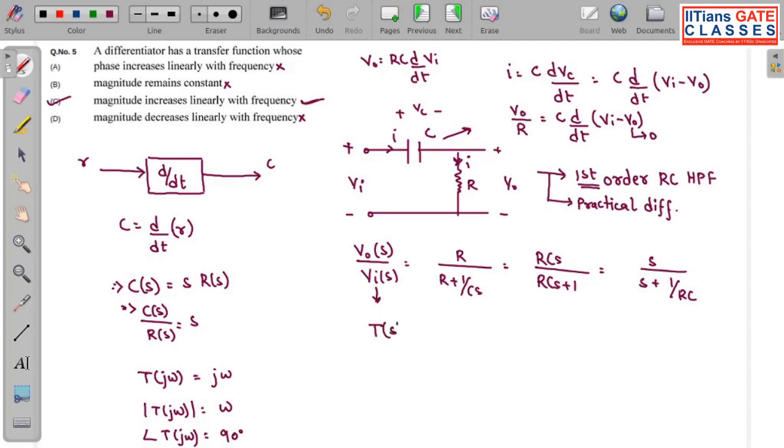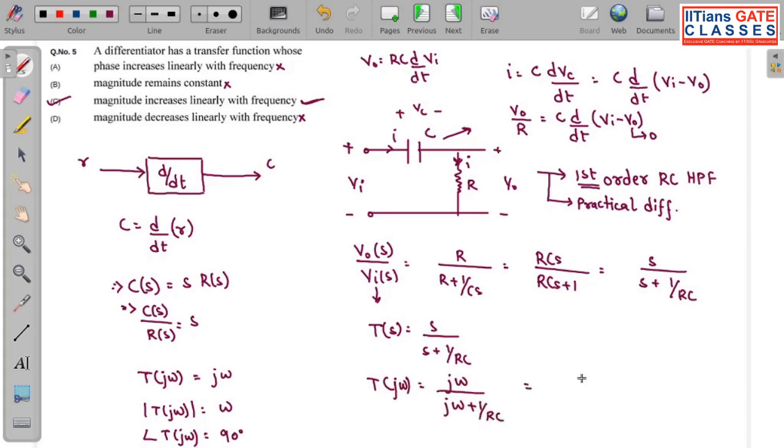So Ts is equal to s divided by s plus 1 by RC. If I write this in terms of omega, T of j omega is equal to j omega by j omega plus 1 by RC.